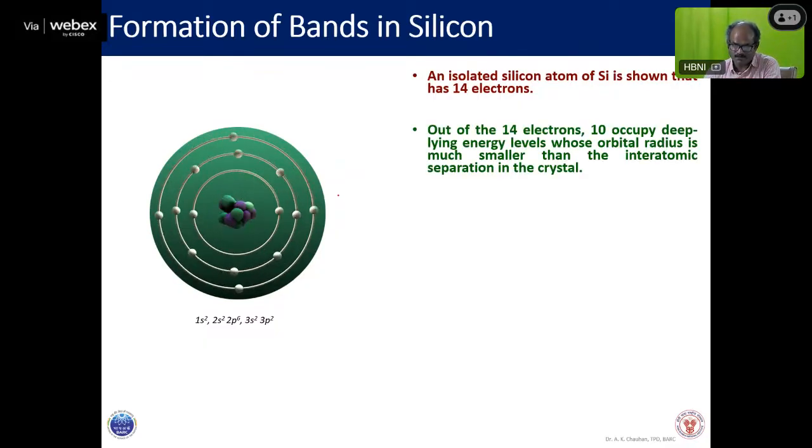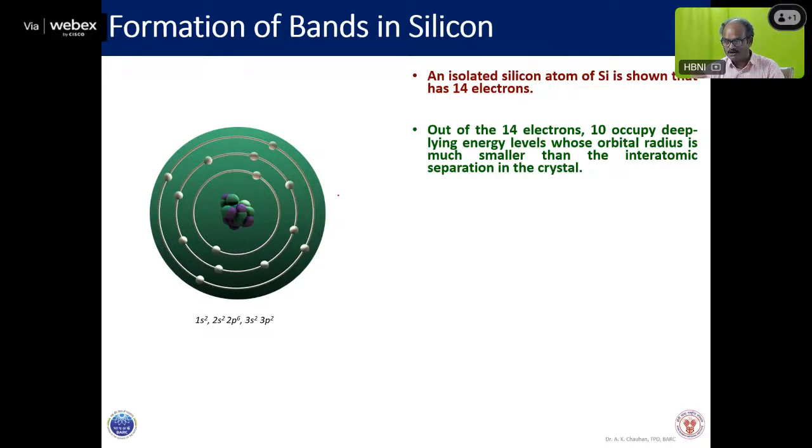So an isolated silicon atom has 14 electrons. Out of these 14 electrons, 10 occupy deep-lying energy levels, whose orbit radius is much smaller than the interatomic separation of the crystal. When we were bringing all those atoms together, the outer orbit distance was comparable to the interatomic separation, and therefore they started interacting with each other. But the inner orbits are much smaller.